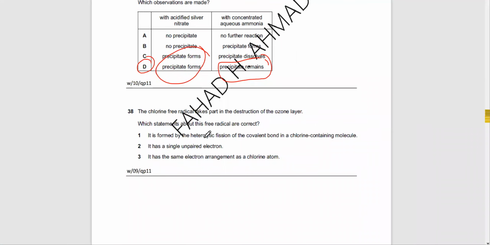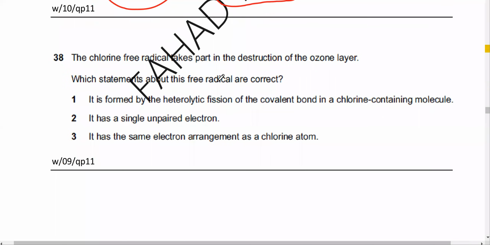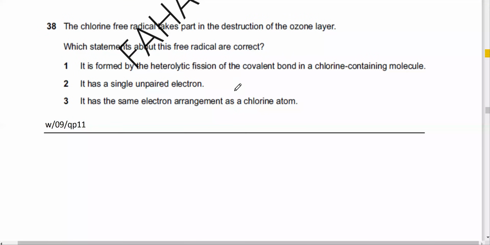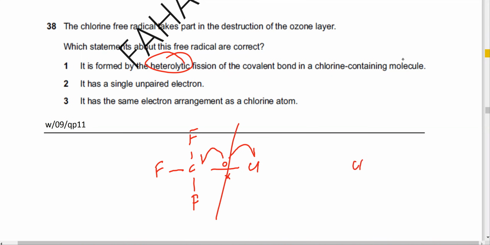Let's move to the next one. The chlorine free radical takes part in the destruction of ozone. Which statements about this free radical are correct? It is formed by the heterolytic fission of the covalent bond in the chlorine containing molecule, which is true that if you have a CFC... Remember in organic chemistry, radicals are always produced by homolytic fission, when the bond breaks equally and the Cl leaves with one electron.